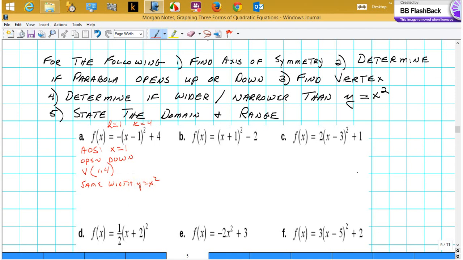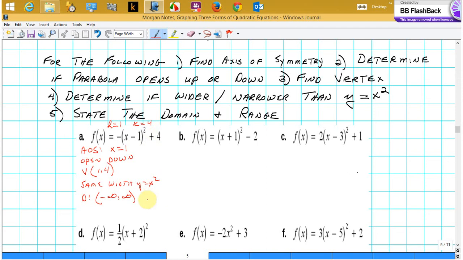And the last thing is it says state the domain and range. The domain is going to be all real numbers. And because it's a negative, it will be flipped over, and the parabola will shift upward to 4.